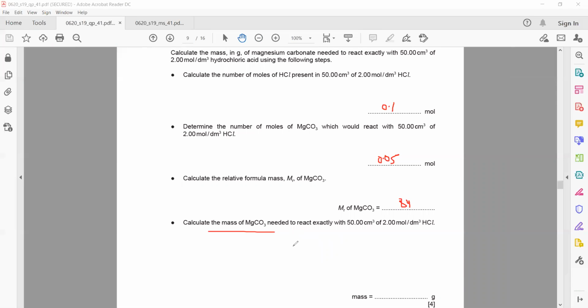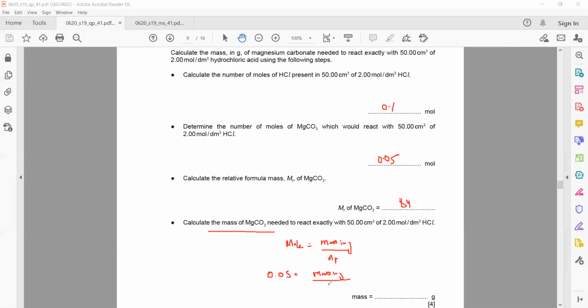The formula which relates moles and mass: moles equal mass in gram divided by molar mass, atomic or molecular. Because it's a molecule, relative molecular mass will be there. How many moles of magnesium carbonate are there? 0.05. Mass in gram, we don't know.